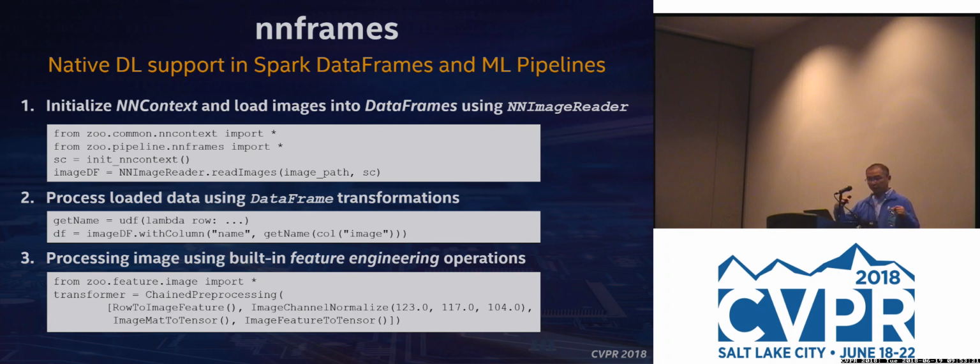So you load an image, you can add a column for the names of the image, and then add another column to generate a label of the image and so on. And then you can process the image using the built-in feature engineering operations. In this case, you can normalize the image and so on.